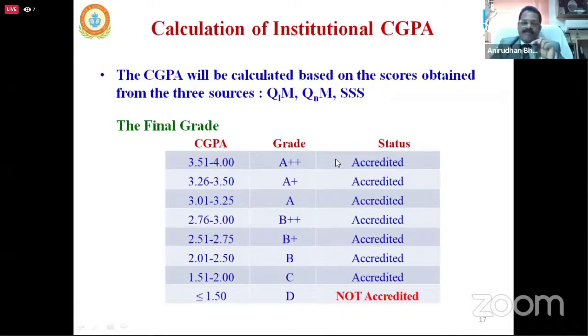That means 3.51 CGPA is required for A++, the highest grade as of now, and less than 1.51 is not accredited.